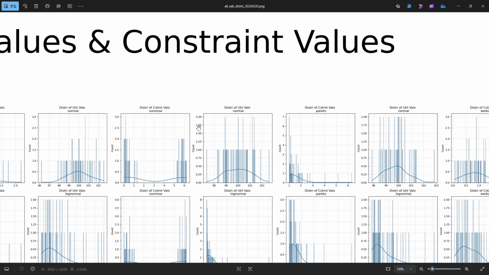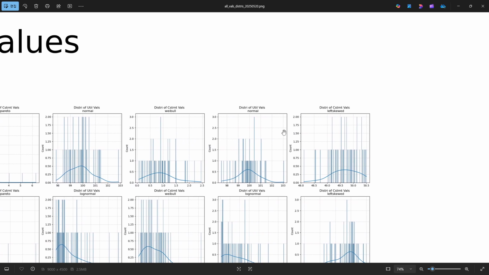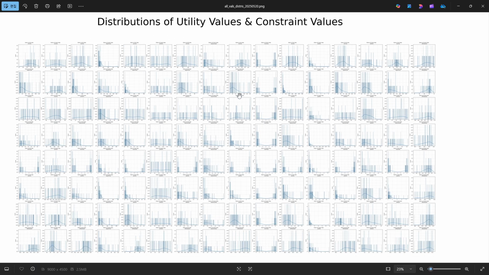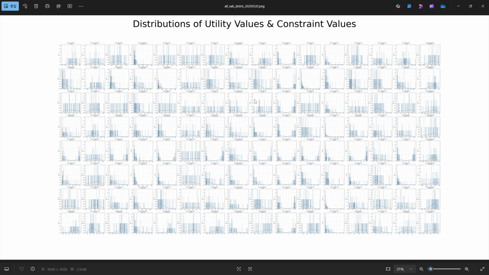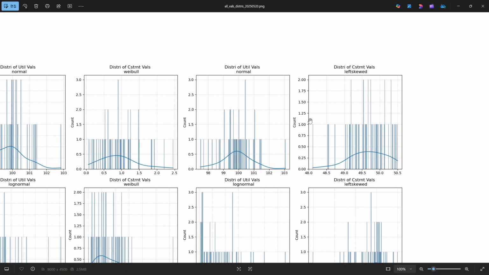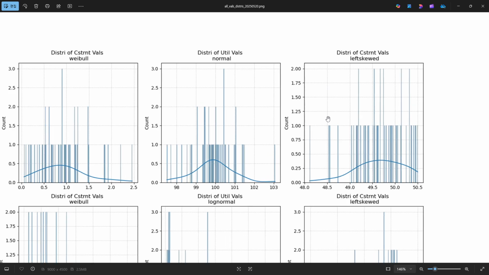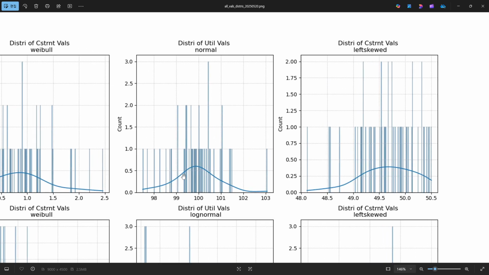Fifth, normal and von Mises. Sixth, normal and Pareto. Seventh, normal and Weibull. Eighth, normal and left skewed. So this is what it looks like. Although I've said that normal and left skewed look quite similar, if you were to plot the KDE plot, you see the slight difference there.